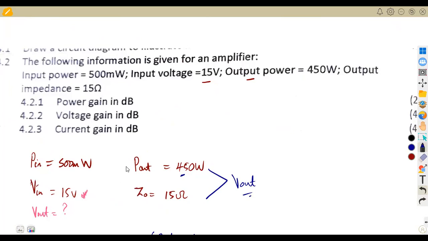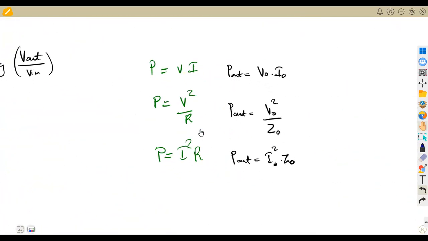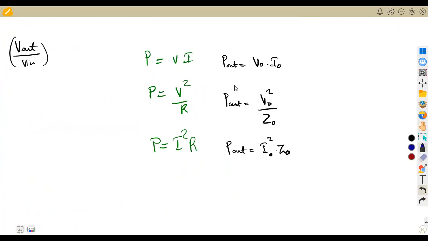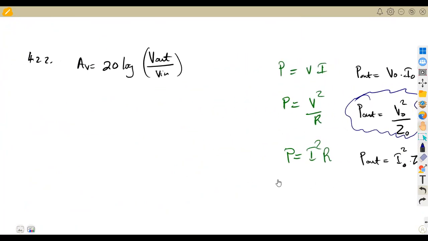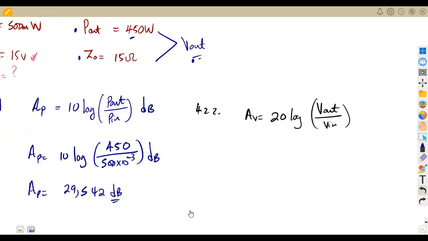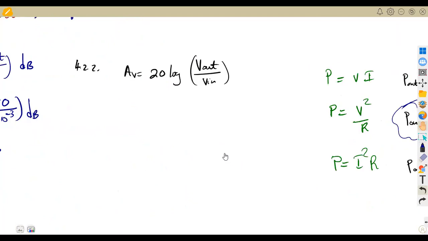I need the one with power, impedance, and voltage. This is the best formula that we are supposed to think of. It has the power, the impedance, and the voltage. From that formula, we are supposed to find V out.